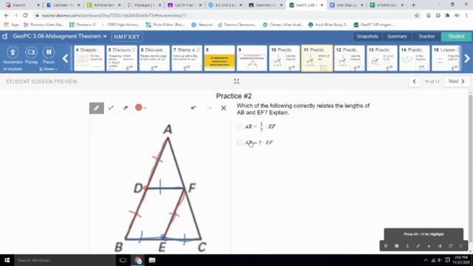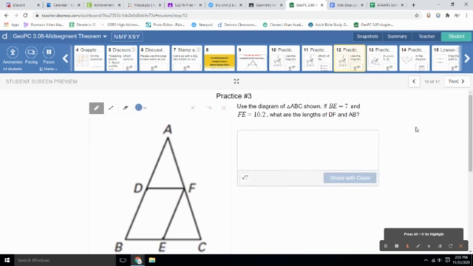We have one of two options. It says AB, this line, is half of EF. Is AB half of EF, or is it the other way around? Exactly, it's the other way around. So AB is twice the length of EF. Correct. Okay.